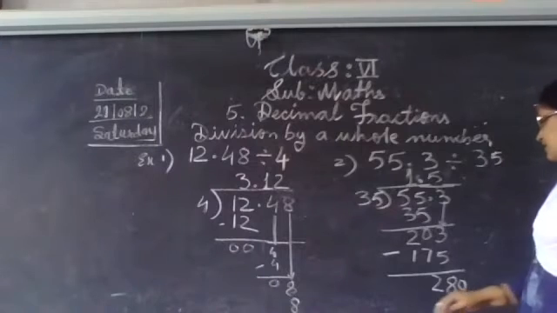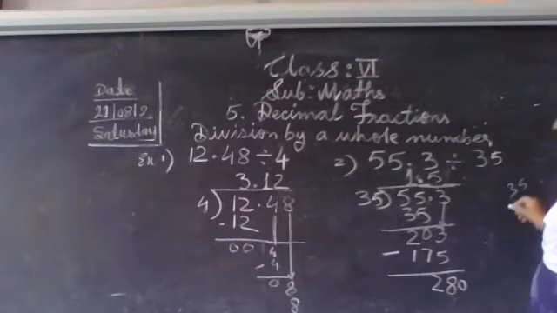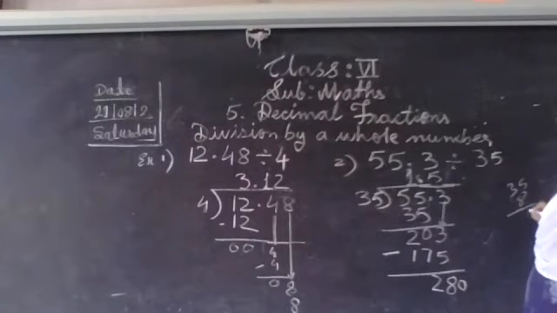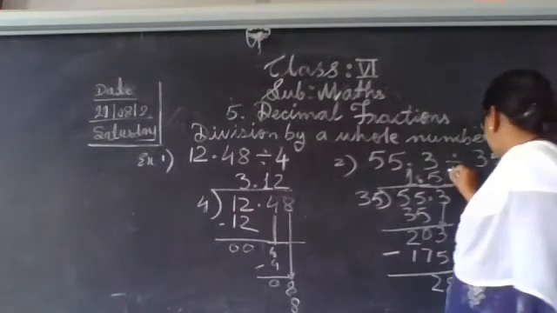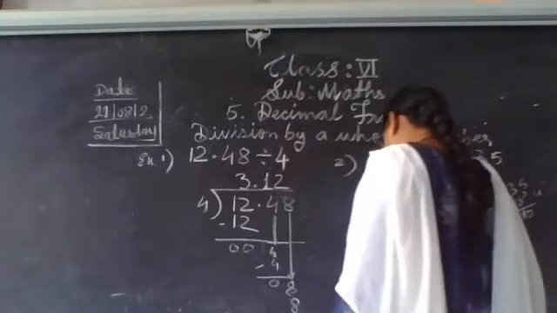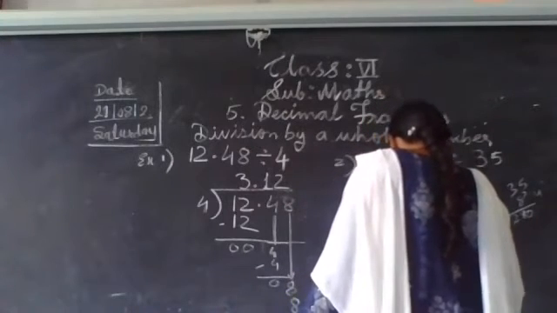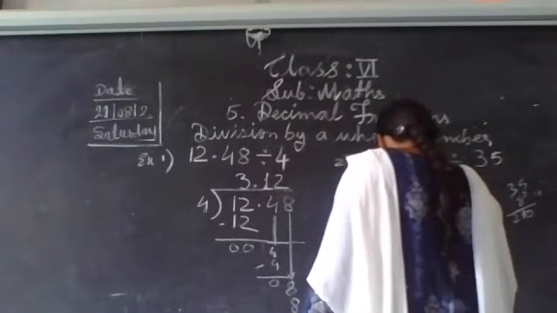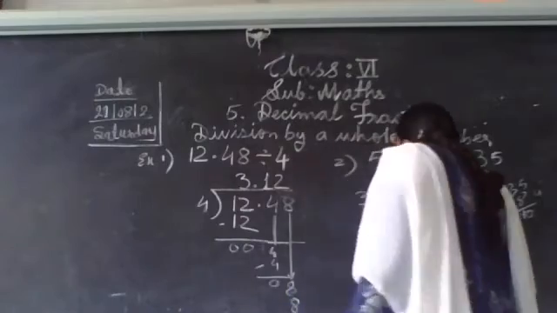So let's try another number. Or you can make the table of 35. 35 8s are 280. Yes, it is 280, so the remainder is 0.